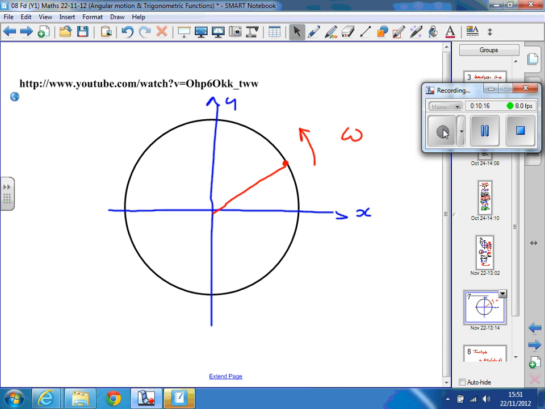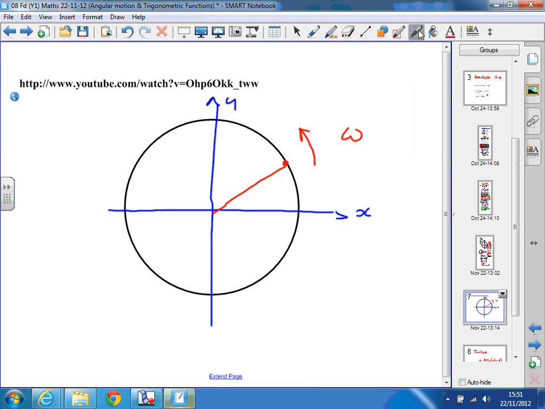Let's consider now what happens over time as this point here moves around this circle. We're often interested in not the actual motion in the circle, but the effects of this motion in a particular direction. So if at time 0 it starts here, we might be interested in how far up the y-axis it has moved. Well, at time 0 it's not moved, it's here. But as it comes round to this point, we could then say it's moved this distance up the y-axis.